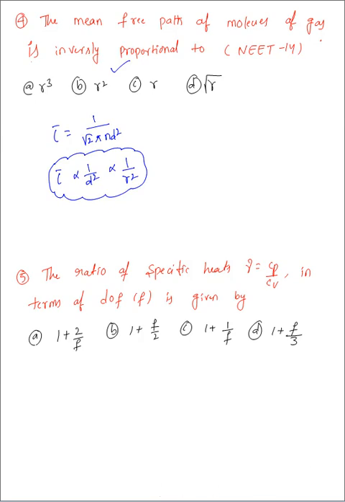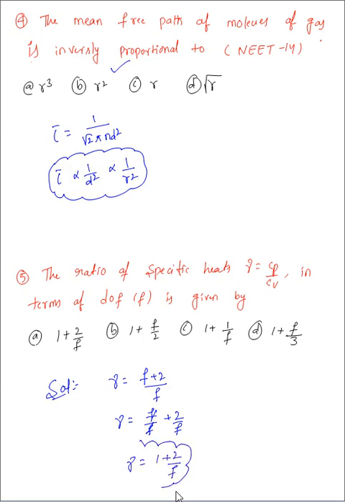So we know that gamma equal to F plus 2 by F. So this can be written as F plus 2 by F. F will get cancelled. Therefore gamma equal to 1 plus 2 by F. So option A is correct for this question. Next we go to the next question here.